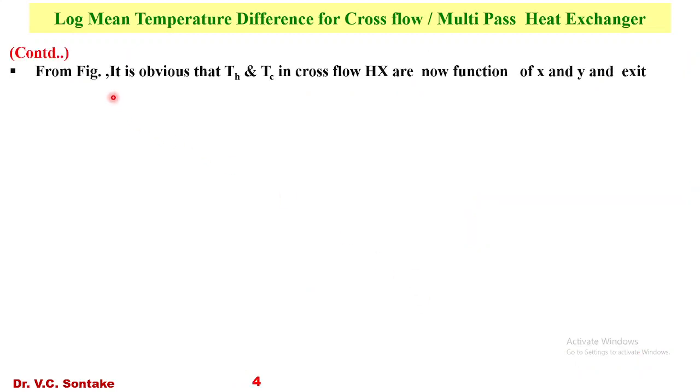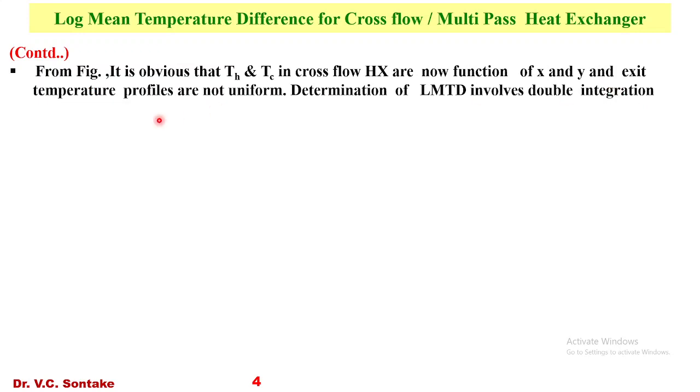So from figure, it is quite obvious temperature of hot and cold fluid in case of cross flow heat exchanger are now function of x and y, and exit temperature profiles are not uniform. So in such case, determination of log mean temperature difference involves double integration and becomes complicated.